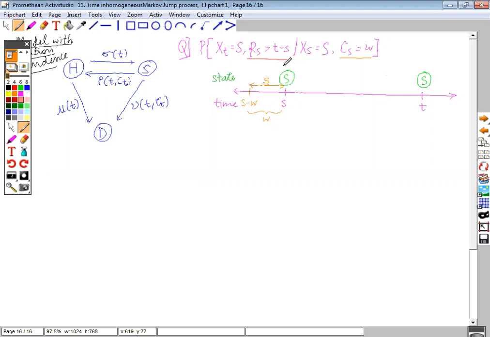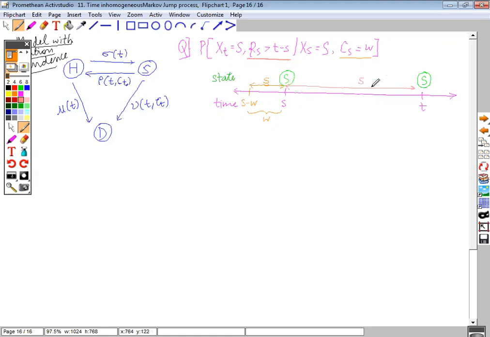Yeah, it exactly means that, right? So when I'm saying RS is greater than T minus S, it means that for at least T minus S duration, which is all of this, I stay being sick. So here, I know that for all of these, at least I am being sick. And I could extend beyond this as well, but I know for sure.